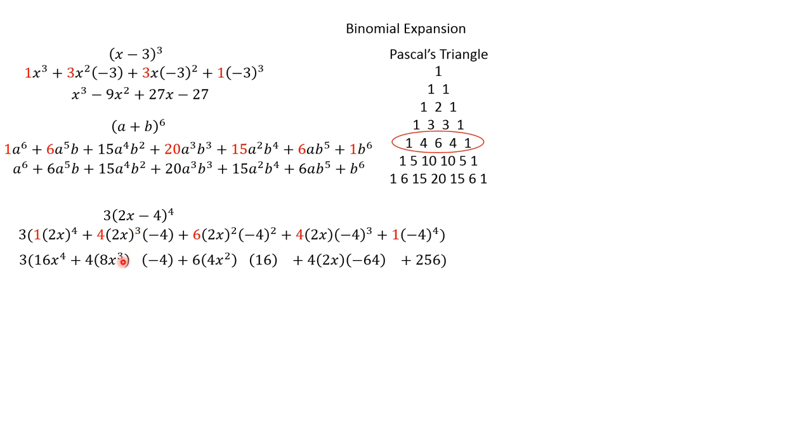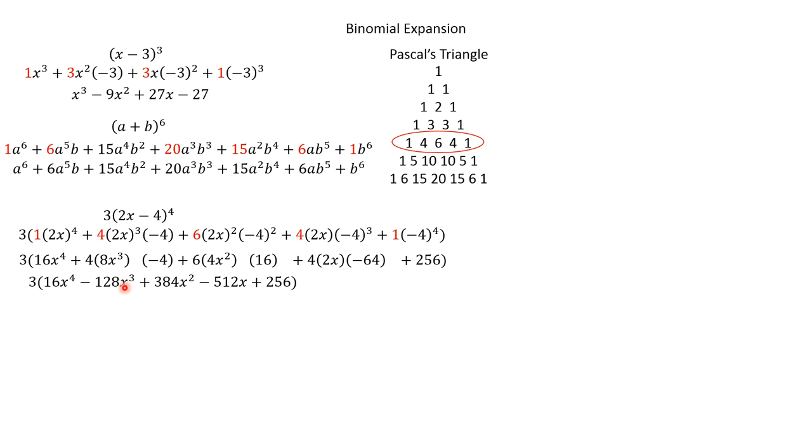Notice the exponents came into the parentheses, and we actually took those numbers, the 2's, to the power. And then we can multiply 4 times 8 times negative 4, 6 times 4 times 16, 2 times 4 times negative 64, to get 16x to the fourth minus 128x cubed plus 384x squared minus 512x plus 256.